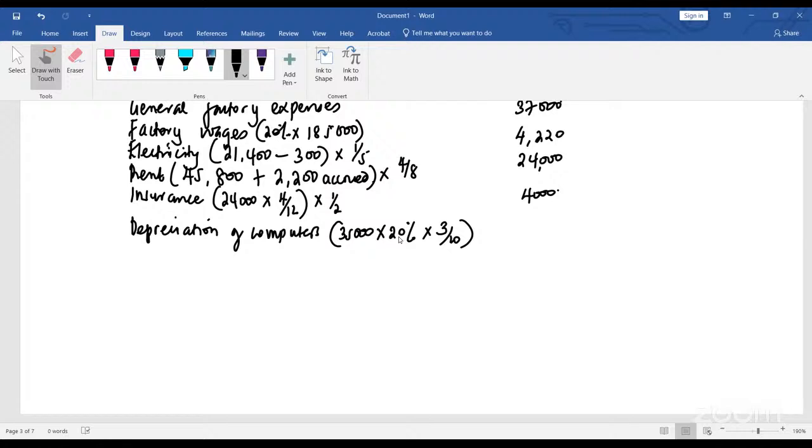Their depreciation should appear under the factory overheads. So 35,000 times 20% times 3 divided by 10, that's 21. That's 2,100,000.